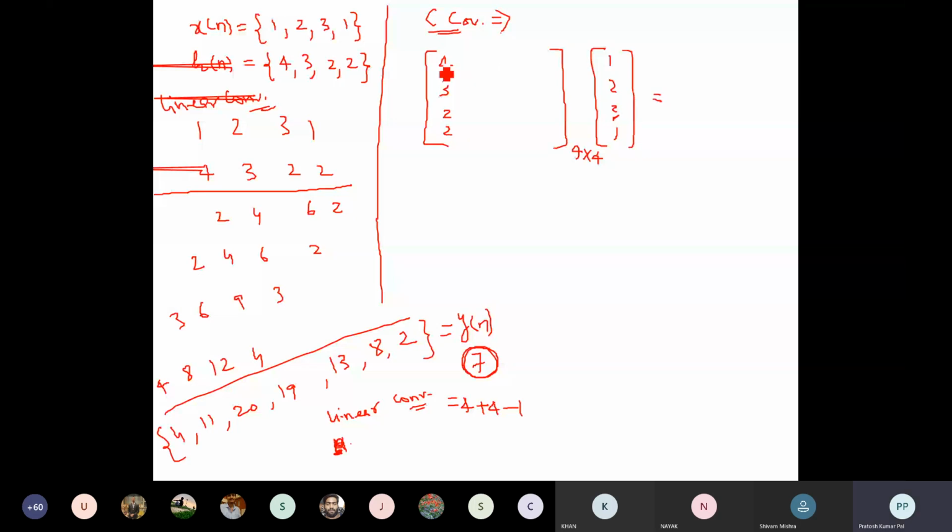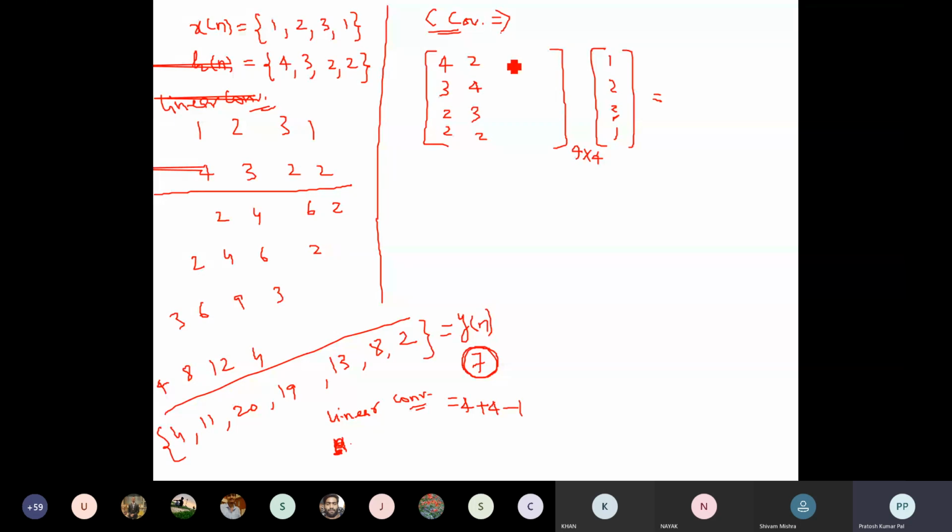So this h[n] matrix will be a 4 cross 4, and the first column is made up of the sequence elements. So this will be written like this, and then this 2 will come to the top, and again this 4 will be placed here, and 3, and again 2.